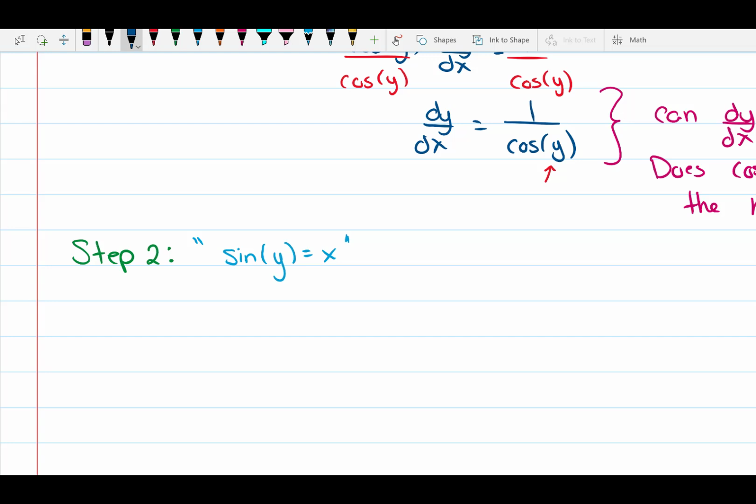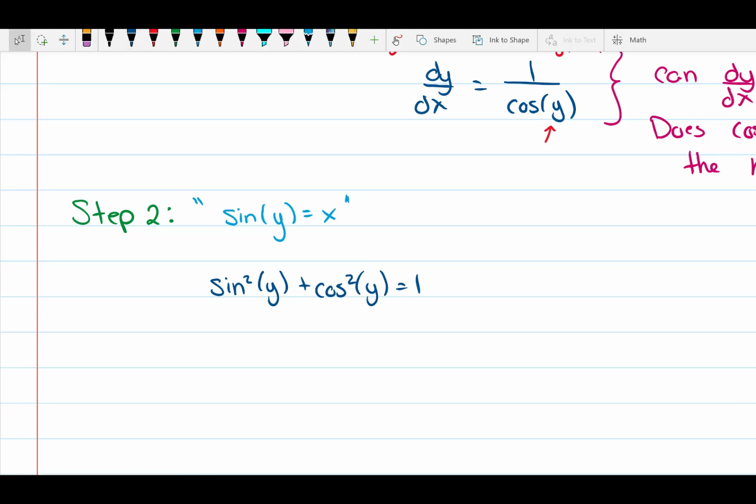So what we do is we go sine squared of y plus cosine squared of y equals 1. This is that Pythagorean identity. This is something you need to remember from pre-calc. So our goal is to get rid of this cosine of y right here. So we want to get this cosine of y all by itself.